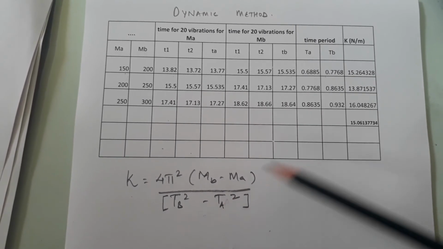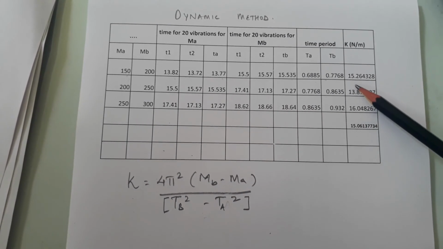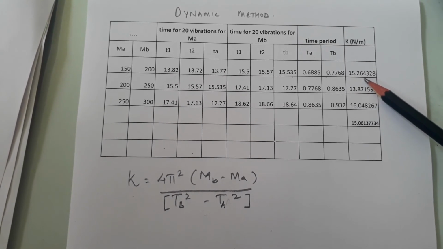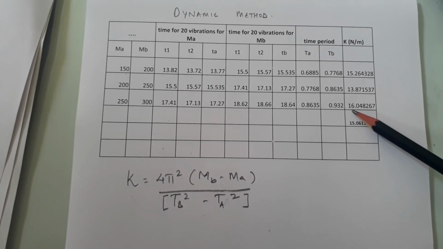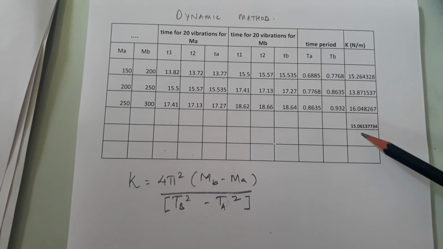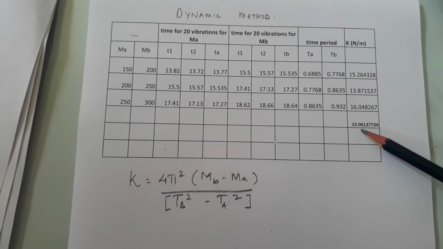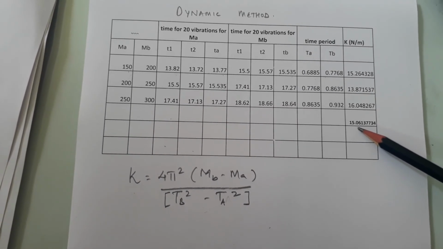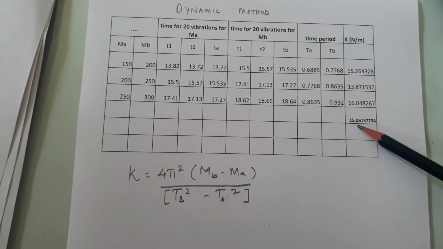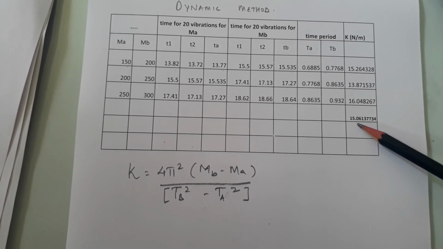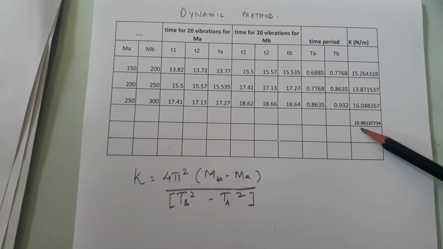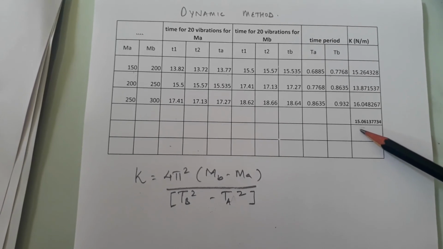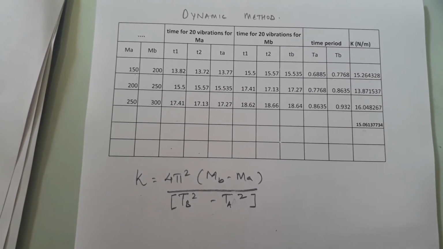If you do that, we get a value of 15.264 for the first 2 runs, and you do the experiment with different masses, and eventually the average value that we get is 15.06, and this value is much closer to the actual value of 15 newtons per meter of the spring that we know. So the dynamic method is much more accurate in calculating the spring constant than the static method.